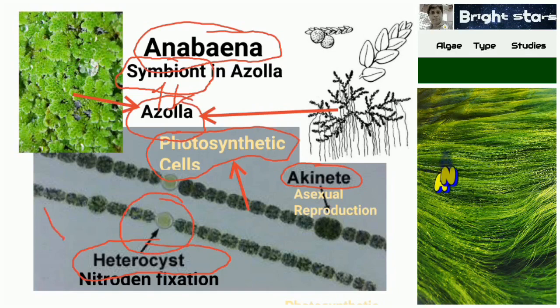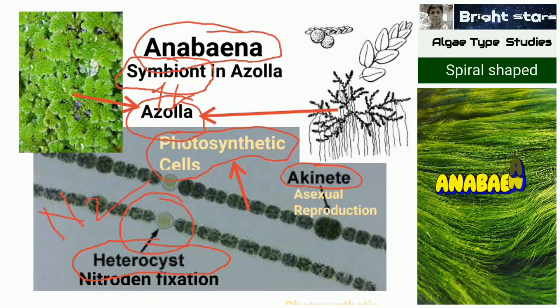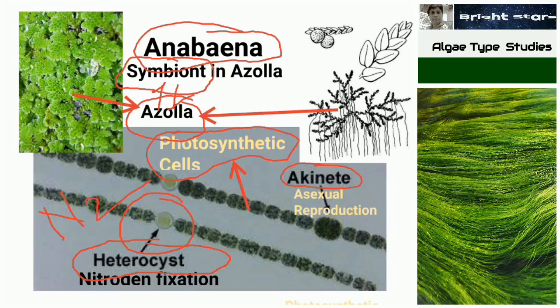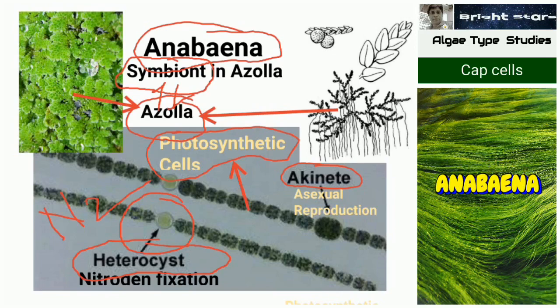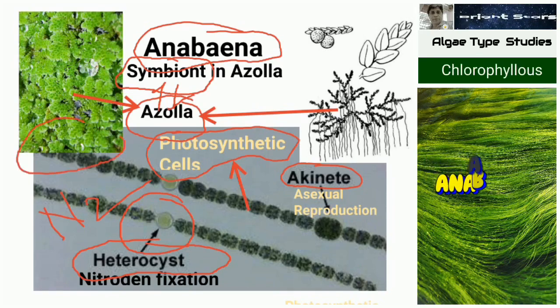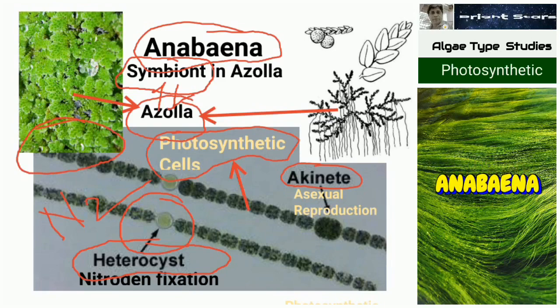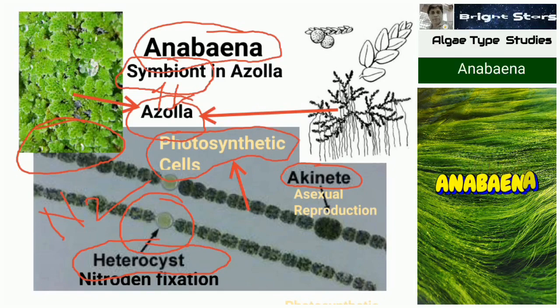Here actually nitrogen fixation takes place. So that's why Anabaena is very, very important. That's why farmers grow this Azolla plant in paddy fields, so that the expenditure on fertilizers, especially urea and nitrogenous fertilizers, will be reduced.